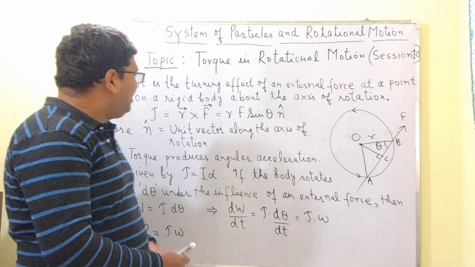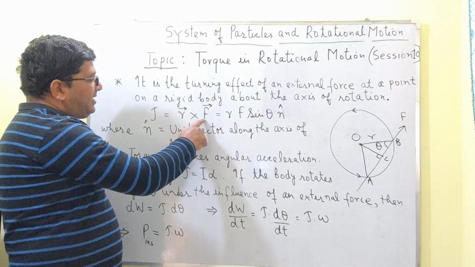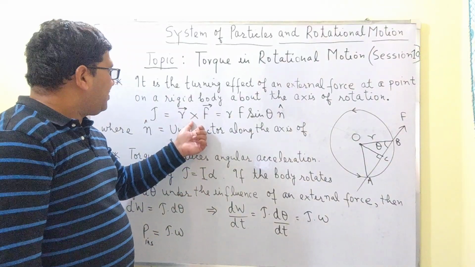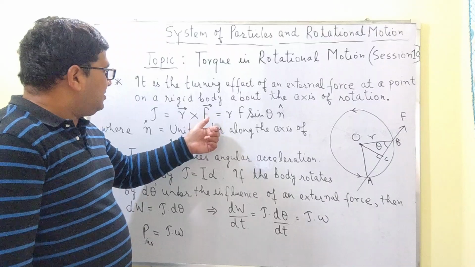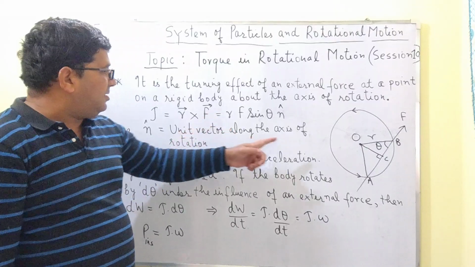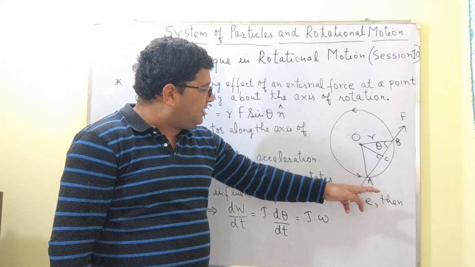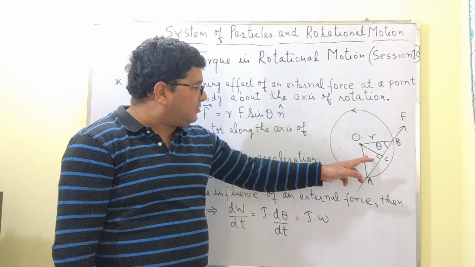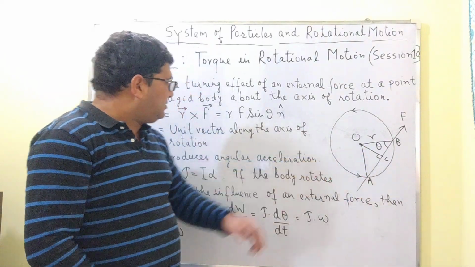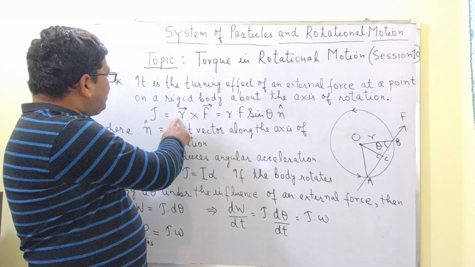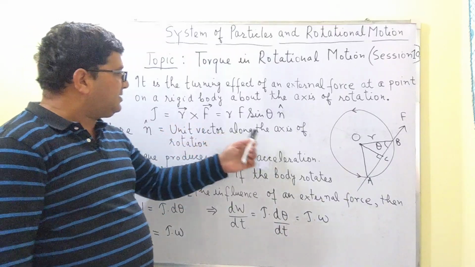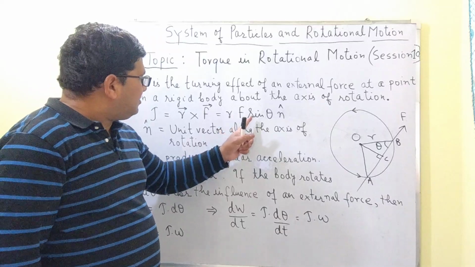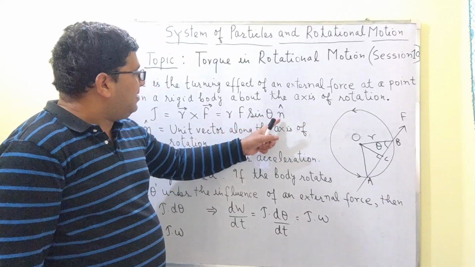Mathematically, torque is the cross product of R and F, where R, this vector, is the shortest distance between the line of action of this force and the point of rotation. This formula, the cross product of R and F, can also be written as R into F sine theta.